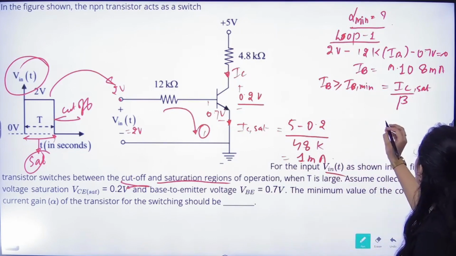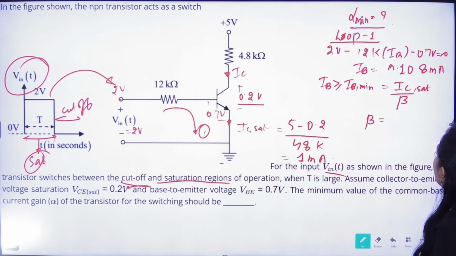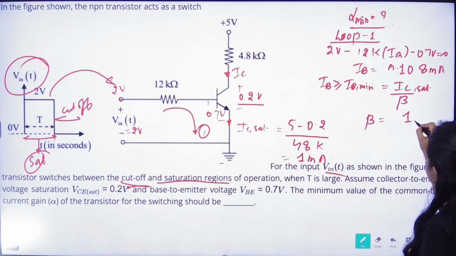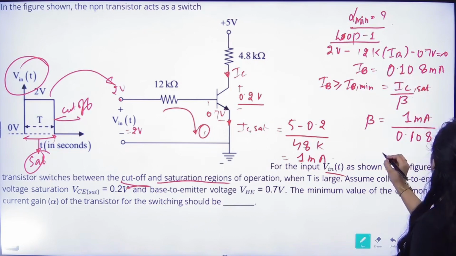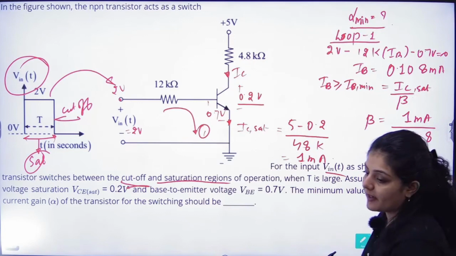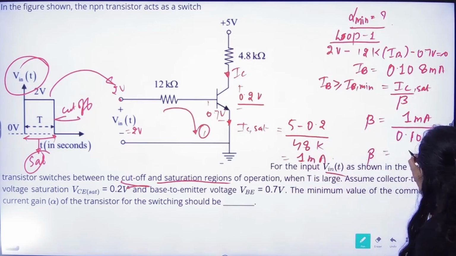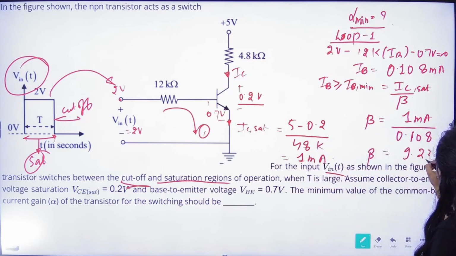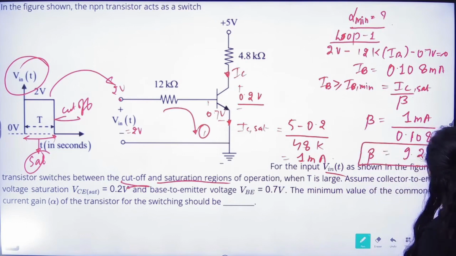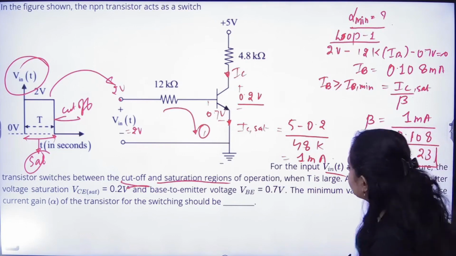Now putting everything together, beta will be equal to IC saturation, 1 milliampere, divided by 0.108. So the final value of beta is 9.23.